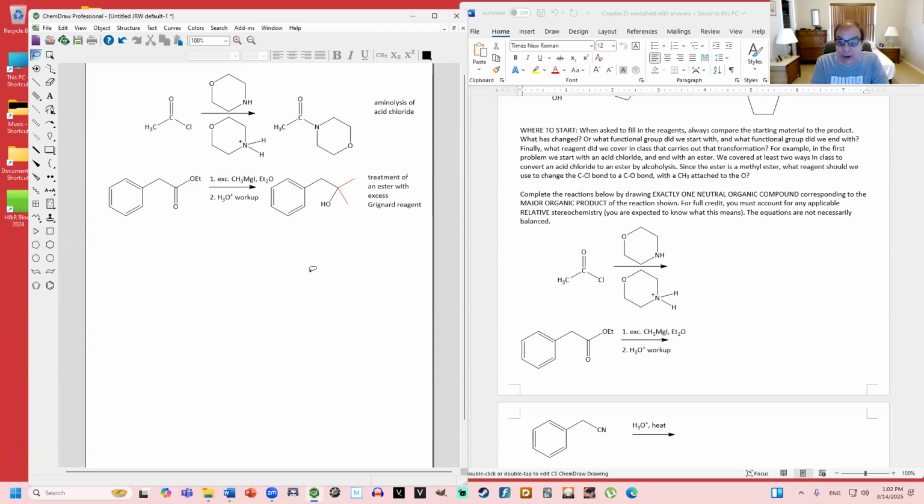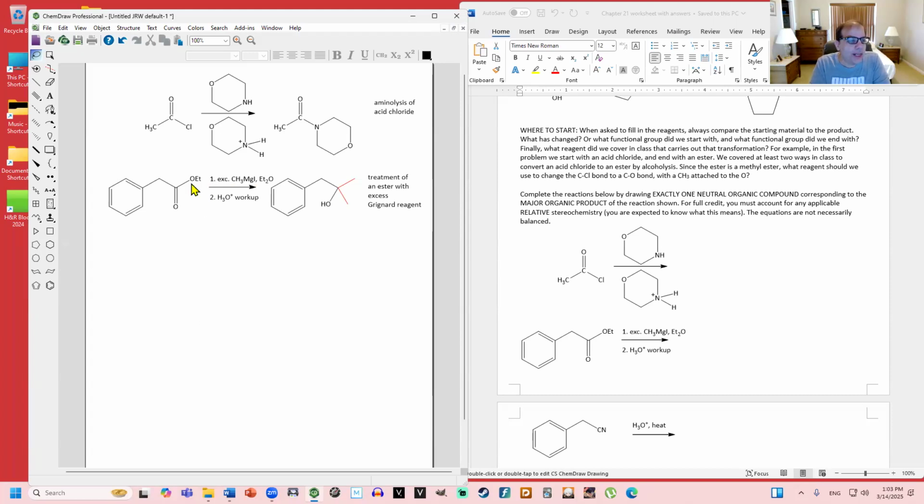The book points that out about acid chlorides, but really, no one ever really does this reaction with an acid chloride. They'll want to use an ester. Esters are much easier to handle than acid chlorides. They're much less reactive, so they stand up to the reaction conditions without hydrolyzing.